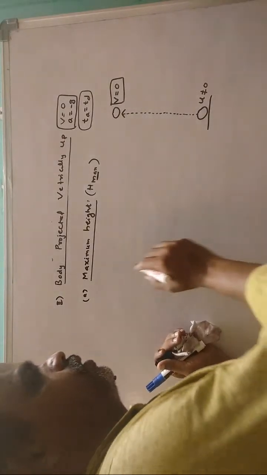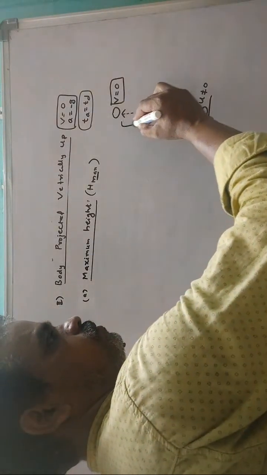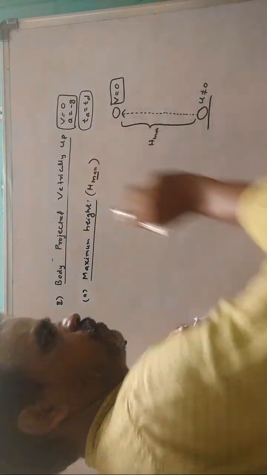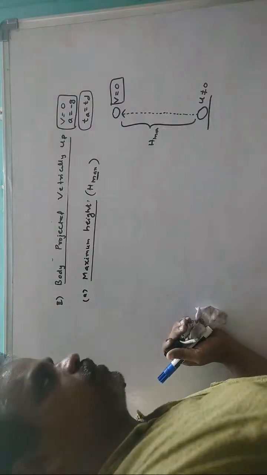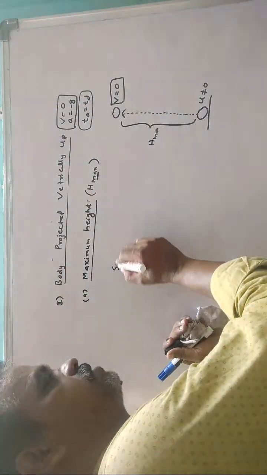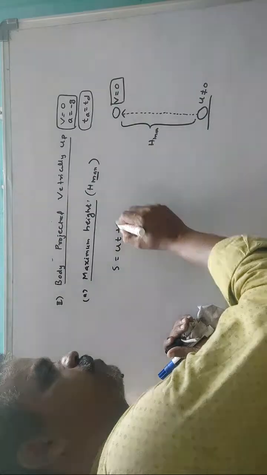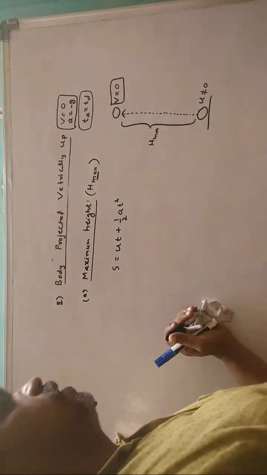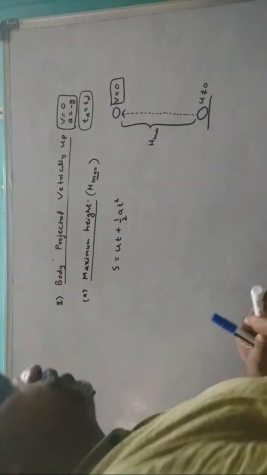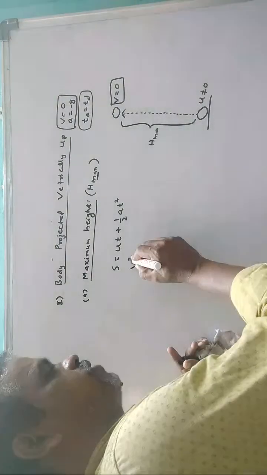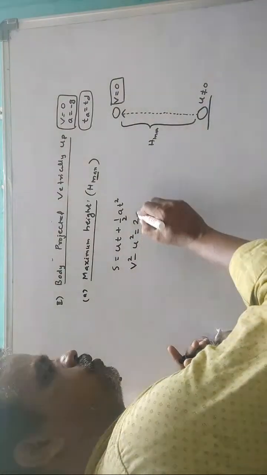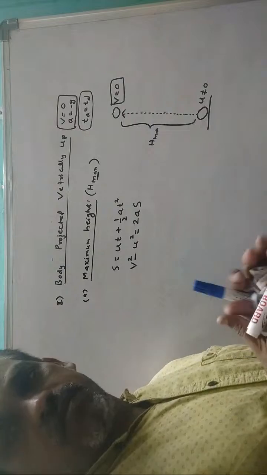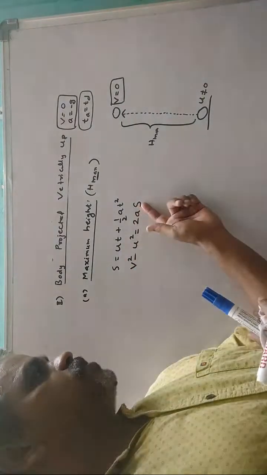Okay. So how much maximum height is reached by the body? That is our question. So we have the formula s equal to ut plus half at square. Then v square minus u square equal to 2as. In these two equations we have the displacement term.